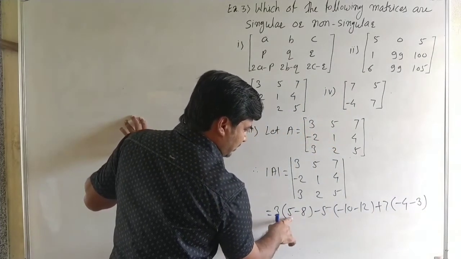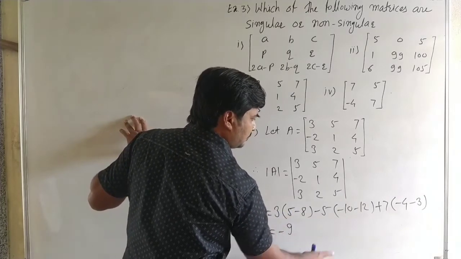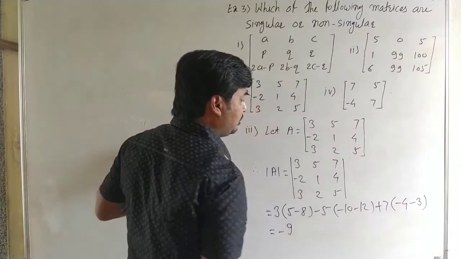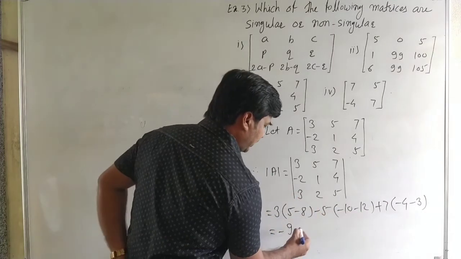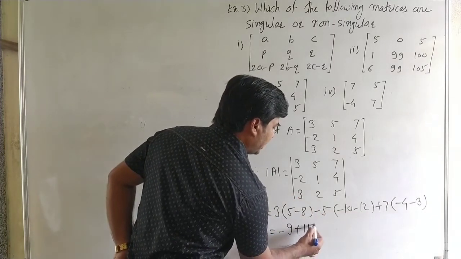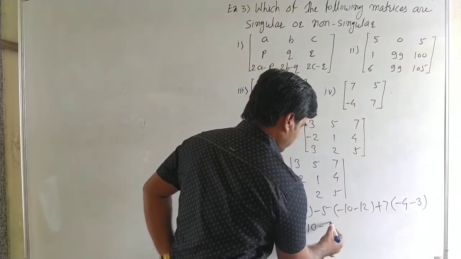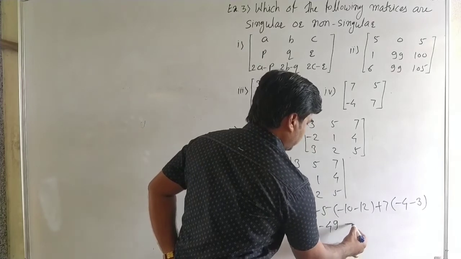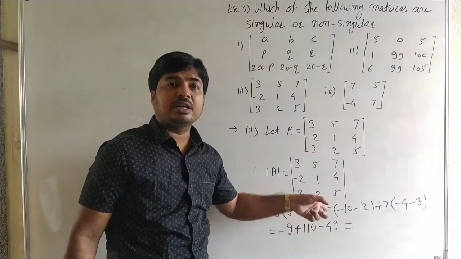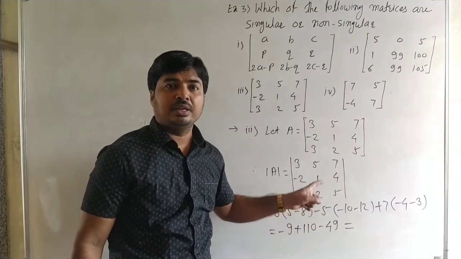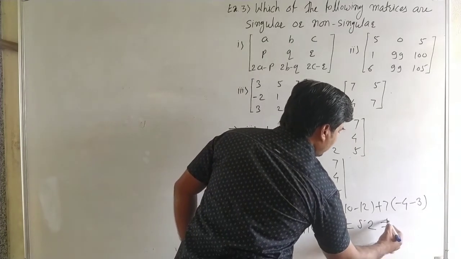It is 5 minus 8, it is minus 3. Minus 3 into 3 is minus 9. It is minus 22, see carefully, and minus 22 into minus 5 is plus 110. And again here it is minus 7, it is minus 49. Then the calculation: minus 9 and minus 49 is minus 58, plus 110, therefore it is 52, which is not equal to 0.